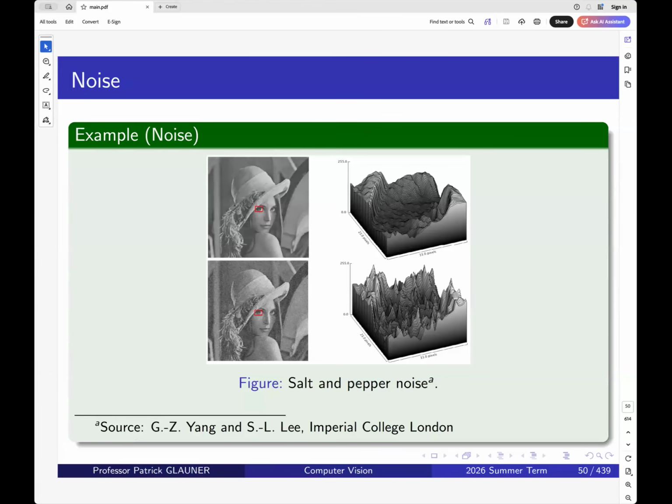And then these artifacts would also appear where we have placed our rectangle. And what we see is there is a lot of noise now because we have some very, very dark areas suddenly, also where the white area was supposed to be, but also some very, very white pieces suddenly where we didn't expect any white. So that's the effect of salt and pepper noise.